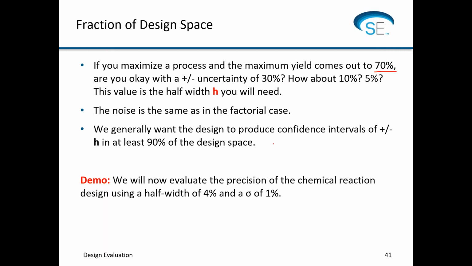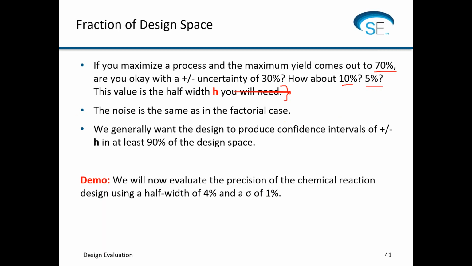That means 40 to 100% is an interval of plausible values. How confident would you be? The answer is probably not really. But the question is what level of precision you are okay with. Are you okay with plus or minus 10%, plus or minus 5%, maybe plus or minus 1%? That plus or minus is the half width that you need to come up with.